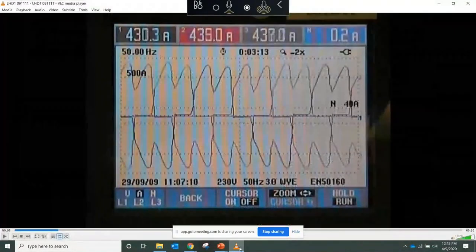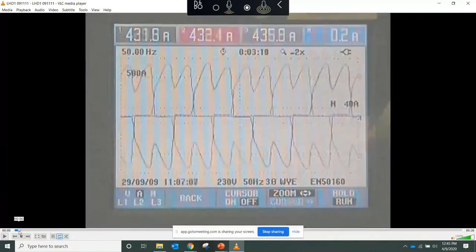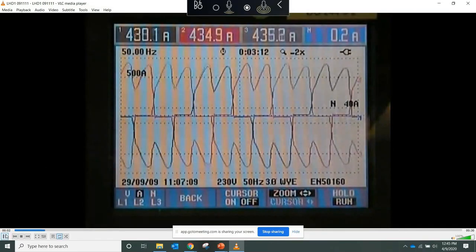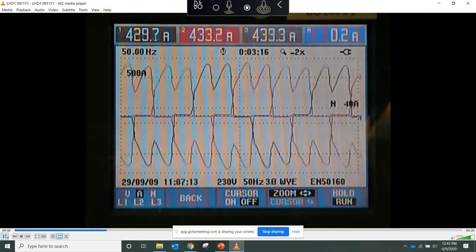This is a 450 horsepower drive in a lab in Rockford, Illinois. It's pulling about 430 amps. It has an active filter connected to it, but it's turned off. And as I hit play, you'll see that that's not a sine wave at all. Pretty ugly.